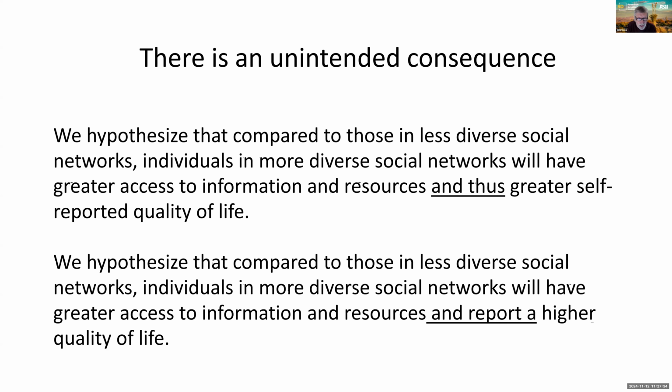In the first version, they're saying there's going to be a cause and effect relationship, and determining cause and effect relationships really complicates the analysis, and you're not doing what you say you're going to be doing. So the hypothesis is very important.